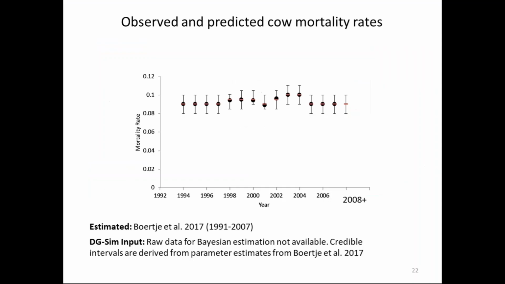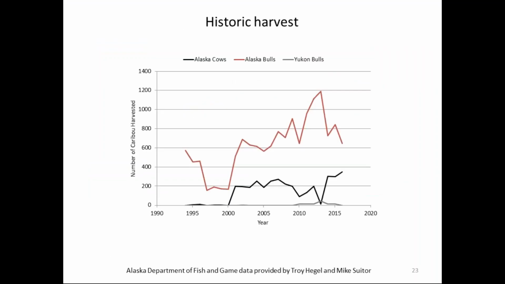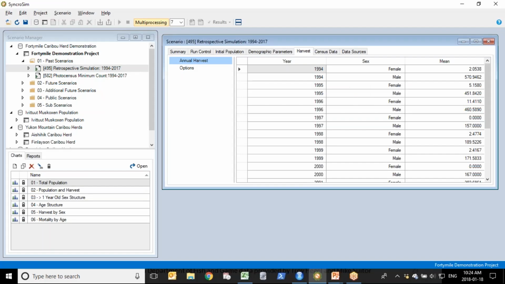And here's just a figure that shows the data that we use to specify the number of individuals harvested. And you can see most of the harvest over this time period is happening in Alaska, and most of it is bulls. And there's a little bit of harvest of bulls in the Yukon towards the end of the time period. So those are all of the inputs.